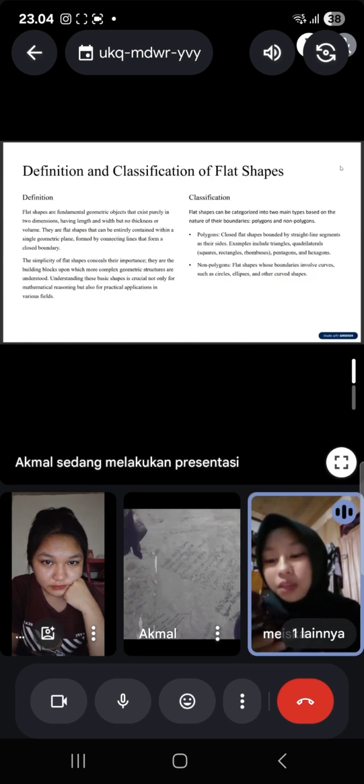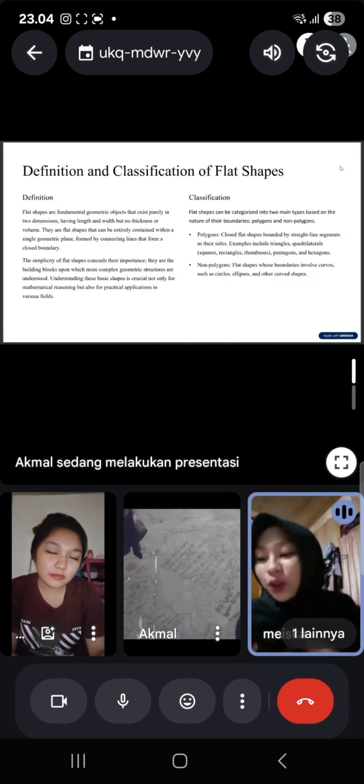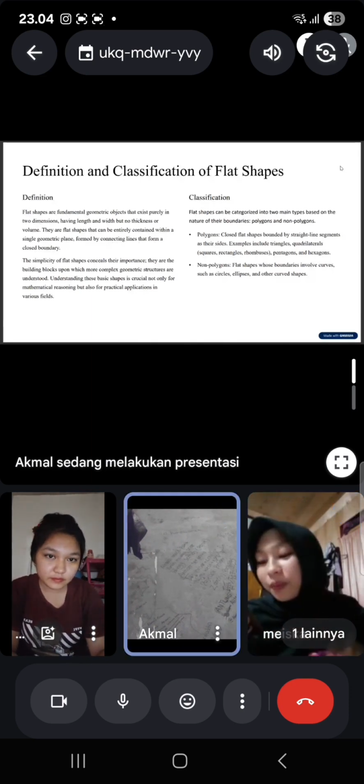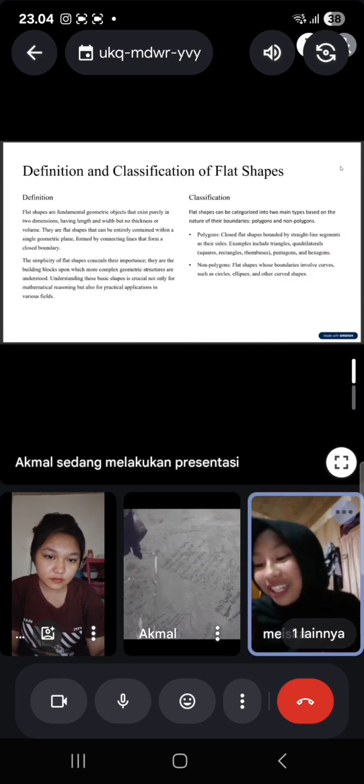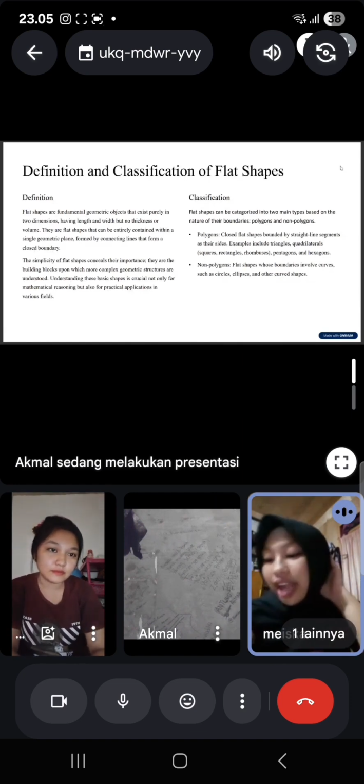Classification. Flat shapes can be categorized into two main types based on the nature of their boundaries: polygons and non-polygons. Polygons are closed flat shapes bounded by straight line segments as their sides.